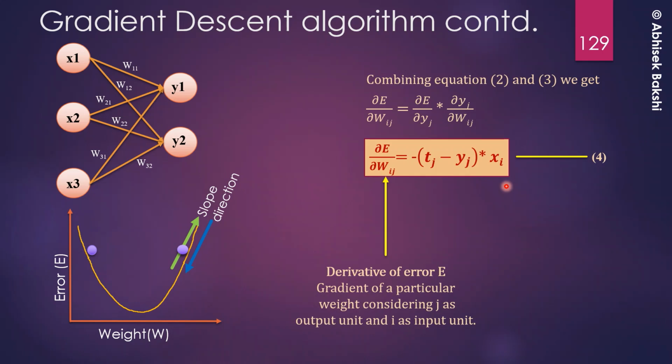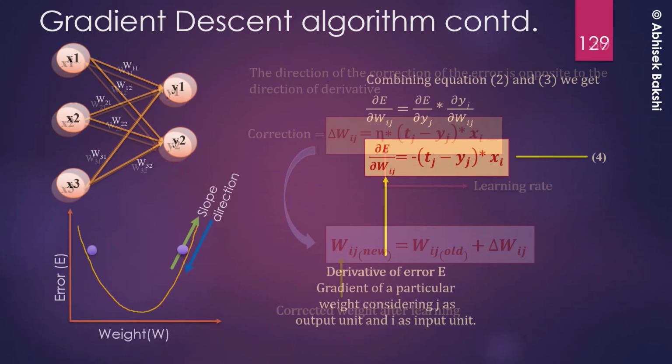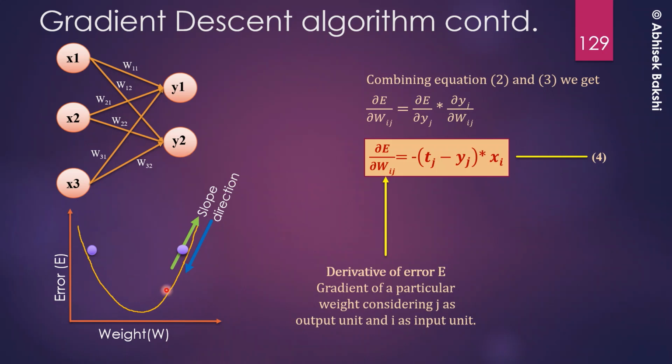Now how can we utilize this? It is nothing but the delta, the correction that we require, if you can recall. The direction of the correction of the error, as you know, is opposite to the direction of the derivative. I hope you can recall from the previous video, also given in the previous slide, it was the slope direction and we go in the opposite direction of the slope.